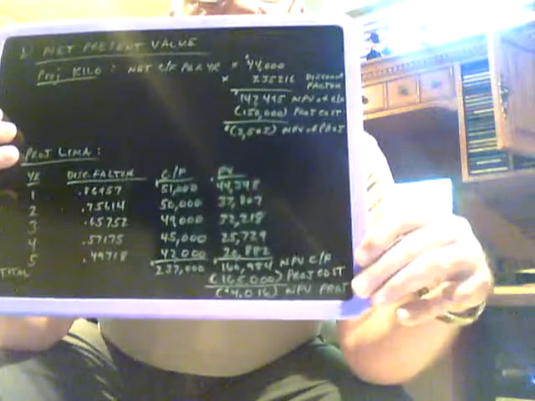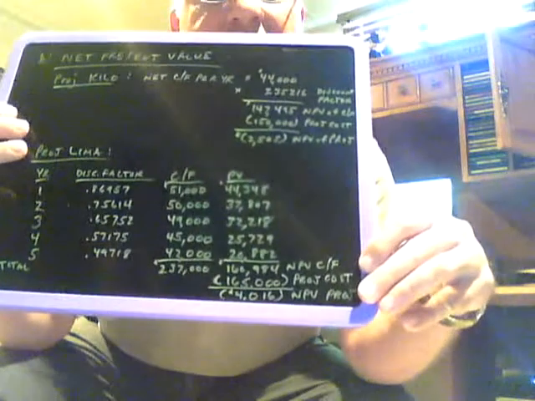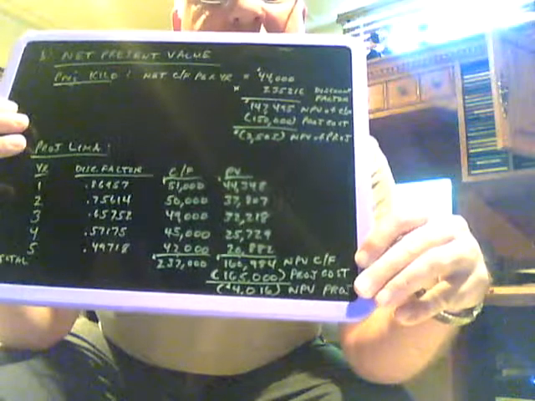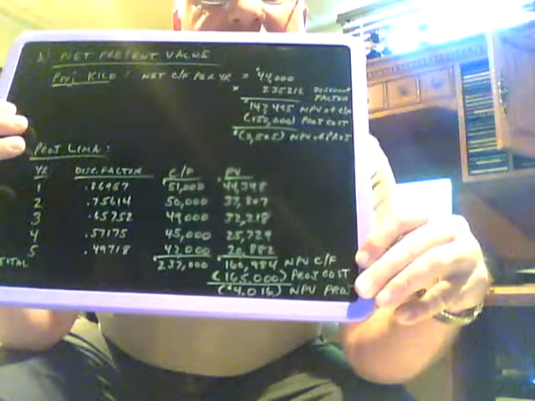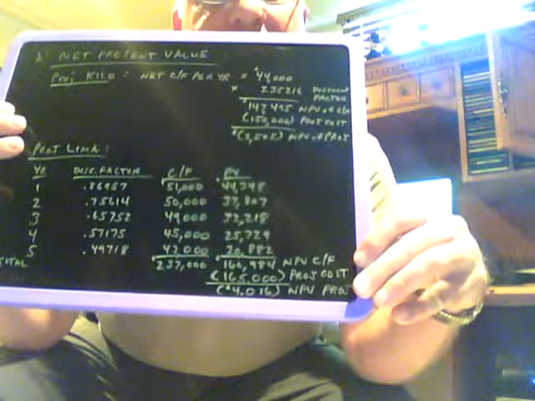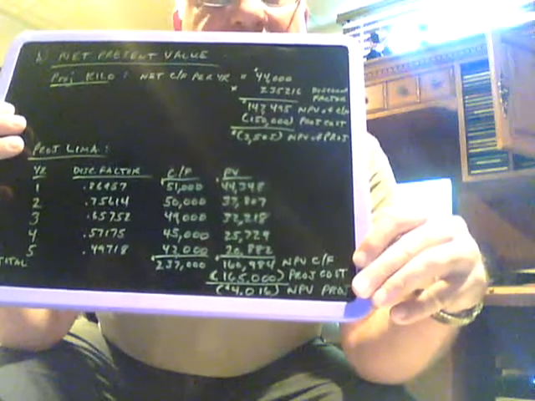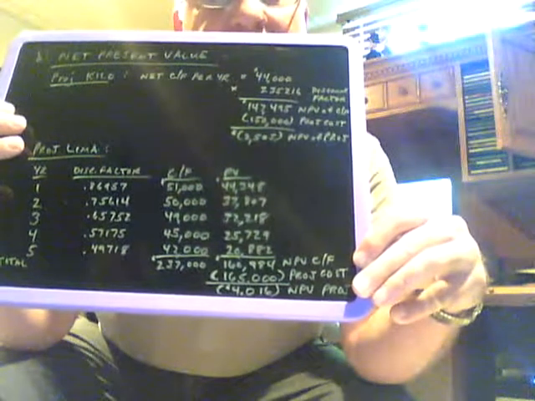And notice too the difference between the sum of the cash flows not adjusted for present value is 237,000. Well, when we adjust it for present value, it's only 160,984.